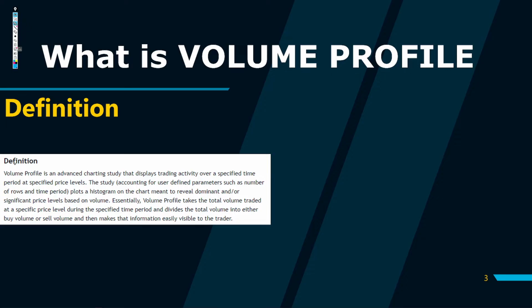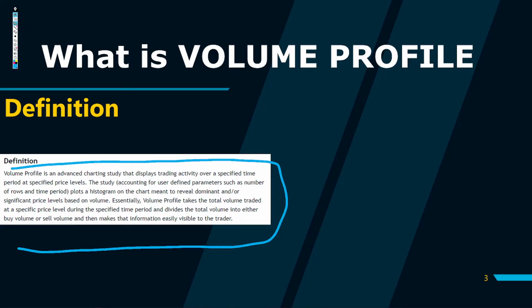So, what is volume profile? Again, it's boring. I'm going to read the definition here. Volume profile is an advanced charting study that displays trading activity over a specific time period at specific price levels. The study accounts for user-defined parameters such as number of rows and time period, right? That's when I'm going back and forth in the chart, changing the distance between the prices that I want to look at.